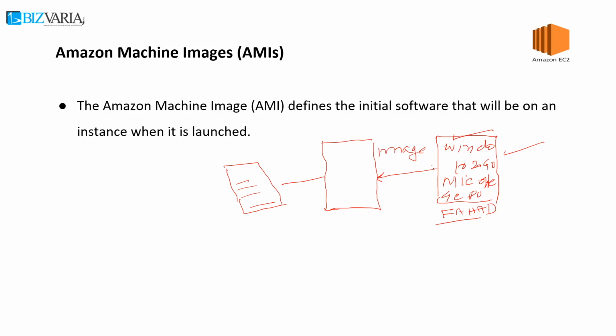You take your selfie, this is your image, and that image captures that very moment. For example, when you took the selfie you were wearing glasses, so the image will be with the glasses. Same thing here. When I made the image, when I made the copy of this server, whatever was running on this machine, I get the exact copy, and from that copy I launch my server. This is the concept of an image.